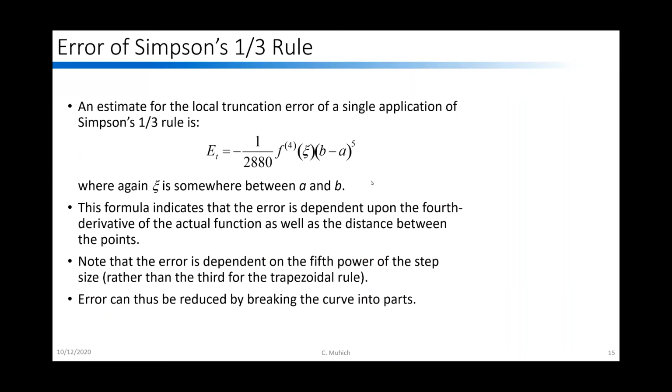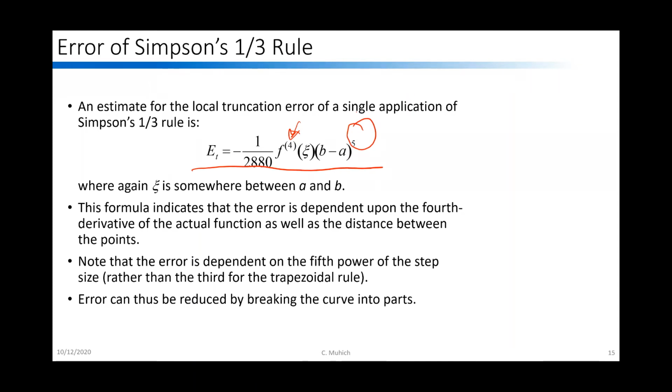Just as before, we can get an estimation for the truncation error of a single application of our Simpson's 1/3 rule. This is given by this equation. Here, we have the true error should be 1 over 2,880 times the fourth derivative of some point along that line times the length to the 5th power.